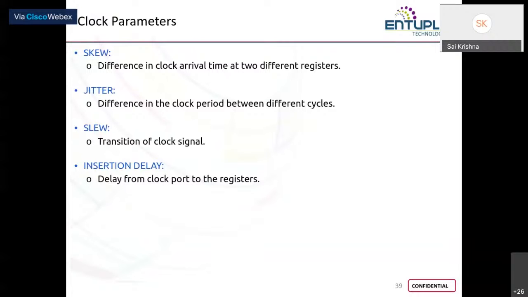So the delay accumulated because of these extra added cells is your insertion delay, ID. Okay. And related to your clock, you will also check your slew, which is your transition from 0 to 1 or 1 to 0. And then jitter is basically associated with your PLL or the source, to keep it generic.